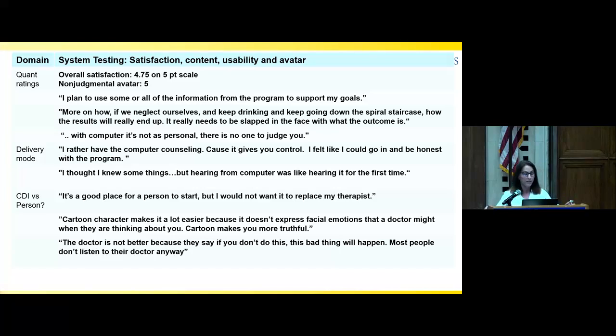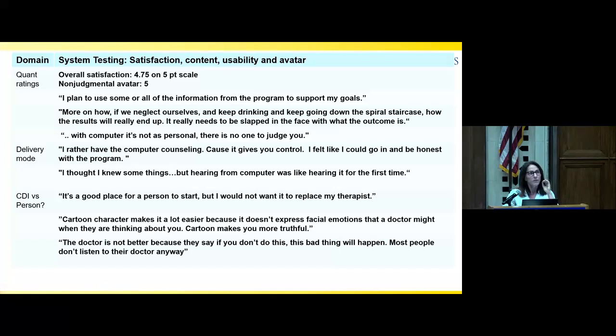Some people said, I'd rather have the computer counseling because it gives you control. But some people note it's a good place to start, but I wouldn't want it to replace my therapist, which is good news for the Department of Psychiatry. Interestingly, in the final quote, they say a cartoon character makes it easier because they don't have facial expressions.